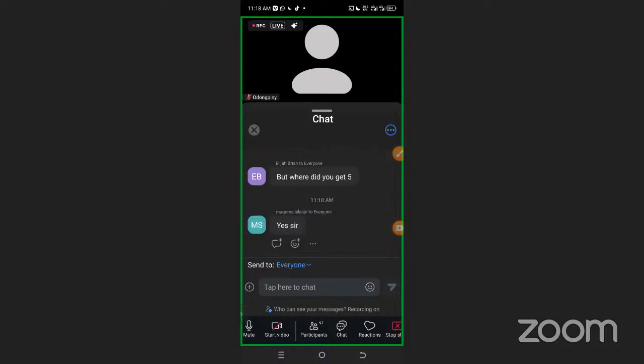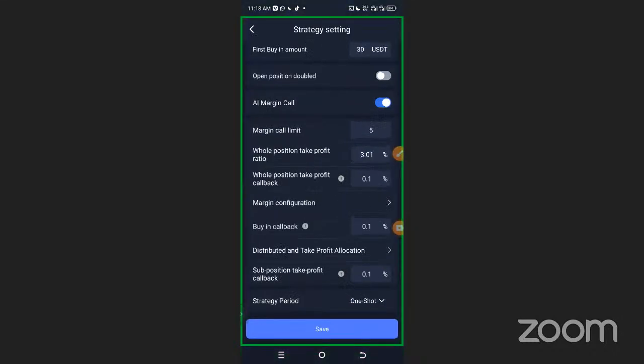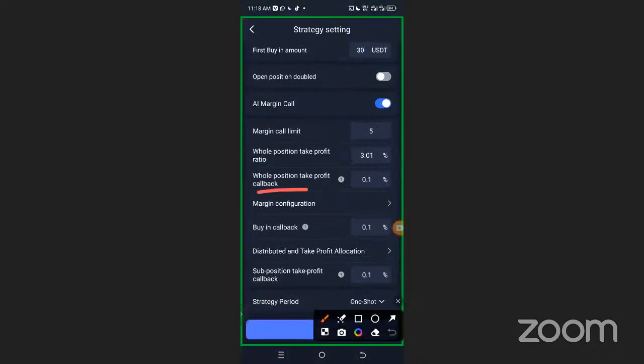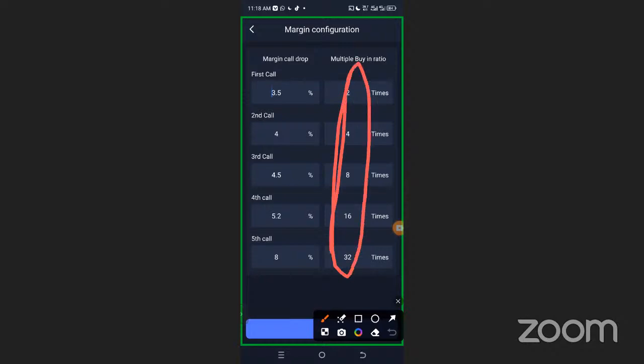Okay. If we are still together, then let's go to what we call margin configuration. When you come to margin configuration, are you seeing this side of multiple buy? The robot multiplies as it buys.